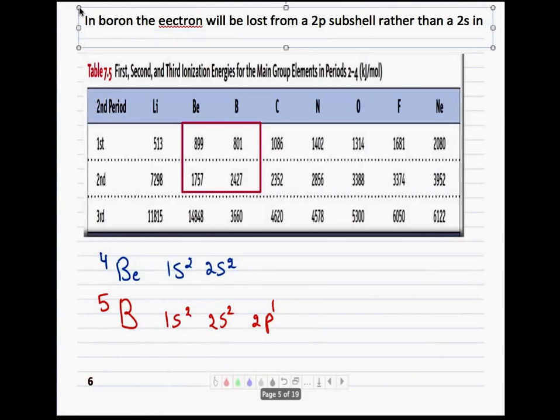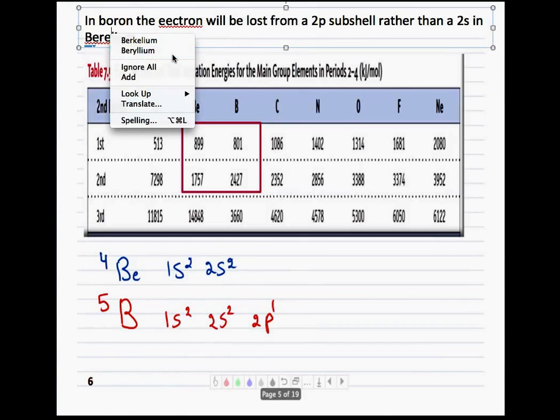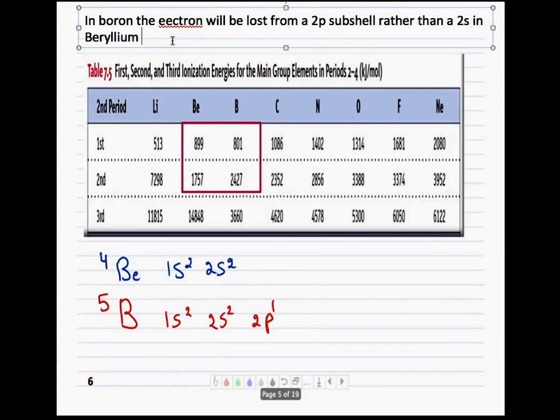Therefore, 2p is farther away from the nucleus compared to 2s.